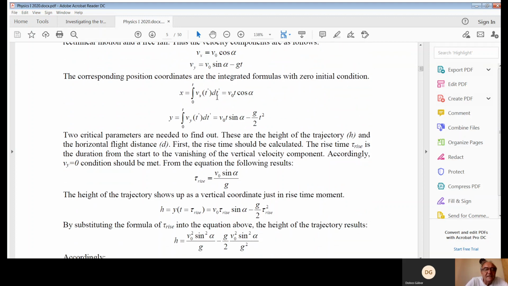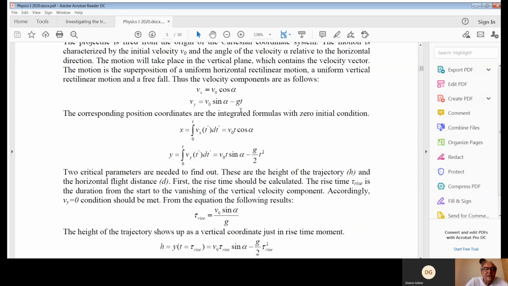So ultimately, when we consider this one equal to 0, we can express the rise time. Sorry, not this, I was wrong, this one.